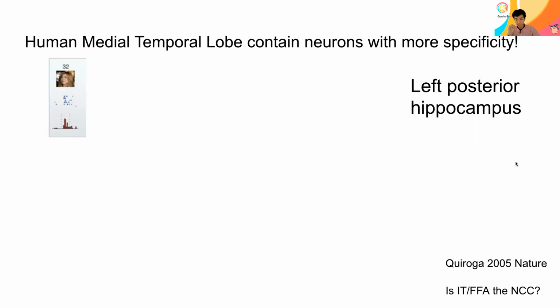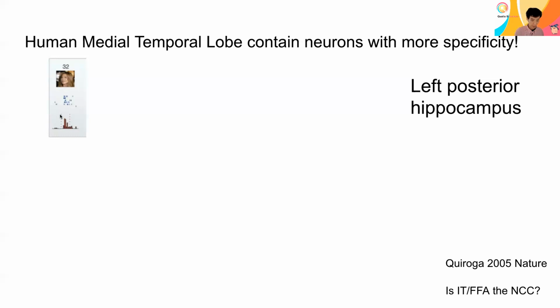As part of this screening process, they sometimes participate in this kind of experiment. In one of these experiments, they were shown many different kinds of faces. And in this particular patient's particular neuron in the left posterior hippocampus, researchers found that one neuron responded to this figure of Jennifer Aniston.